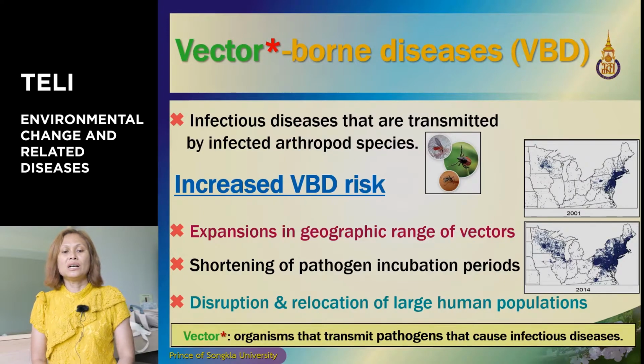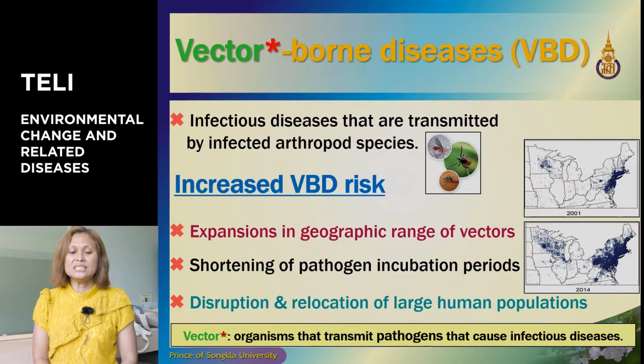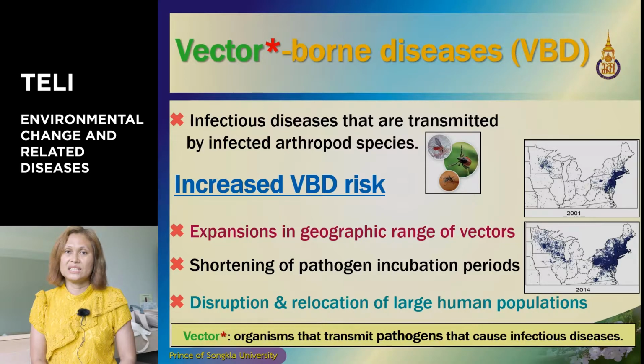What are vector-borne diseases? VBDs are infectious diseases that are transmitted by infected arthropod species such as mosquitoes and fleas. VBD risk may increase due to expansion in the geographic range of vectors.